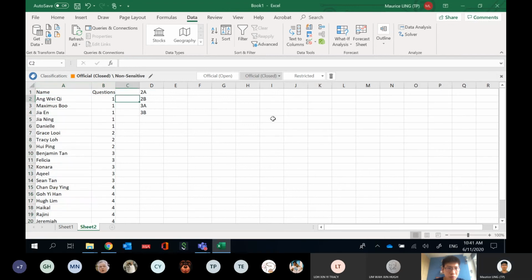So this will be doing all the 2A's. These are the 2A's. These are the 2B's. These are the 3A's. And then these are the 3B's.